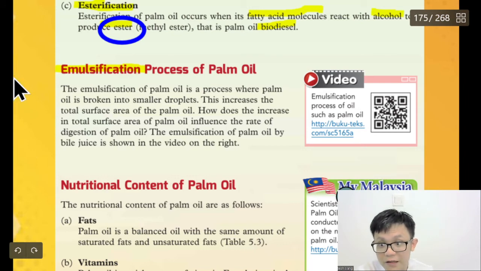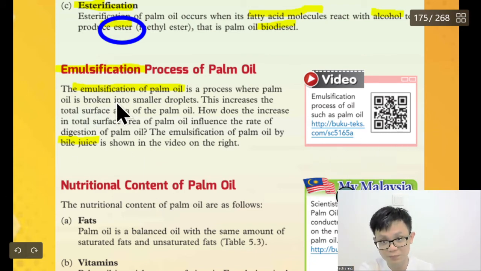Wait, let me read. When the palm oil is processed, so this is the industry lah. How does the increase of total sodium in the palm oil increase the rate of digestion of palm oil? The emulsification of palm oil by bile juice. This one is talking about humans already. Bile juice in the video on the right, so I think we should see this video.